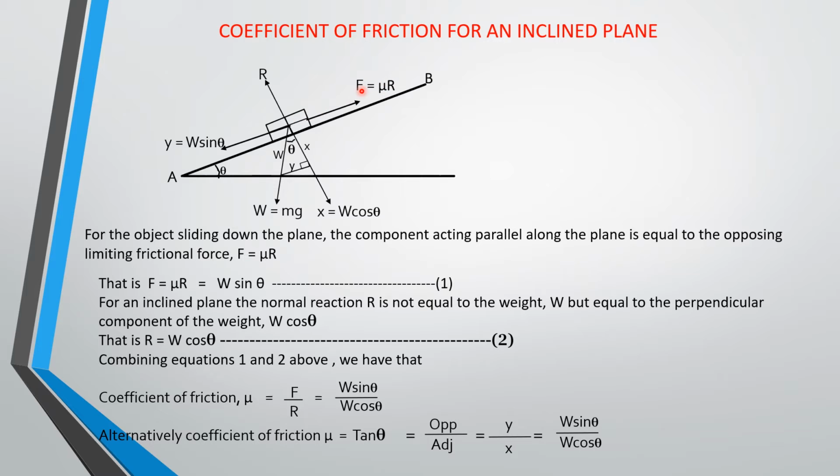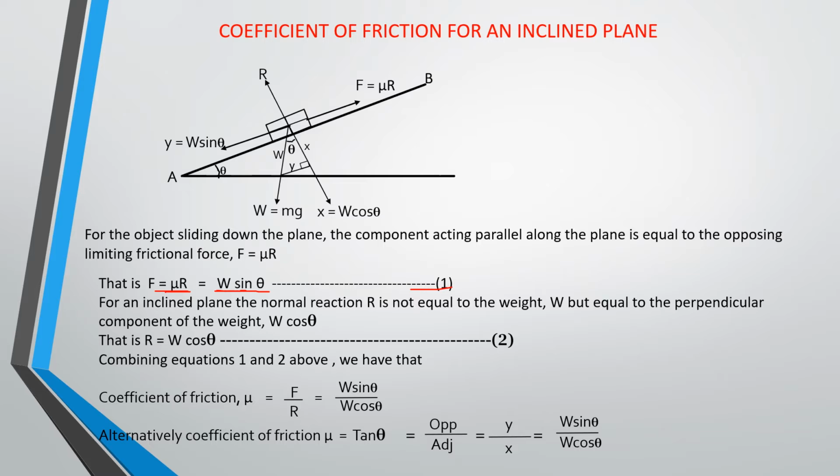Which means that F equals mu R, which is the frictional force, must be equal to the component parallel to the plane, and that is what we have in this first equation. So the frictional force is equal to the component parallel to the plane.